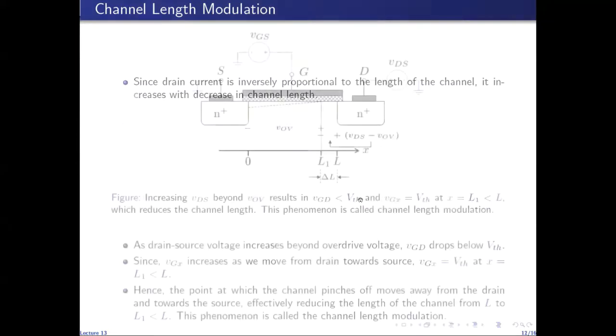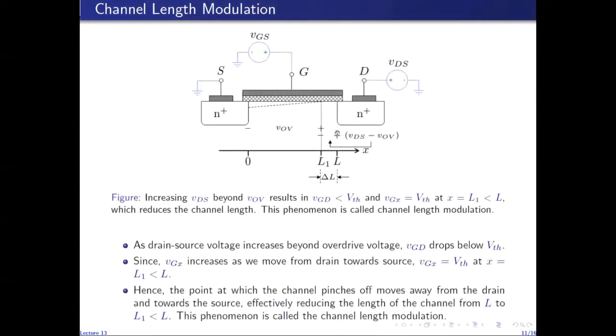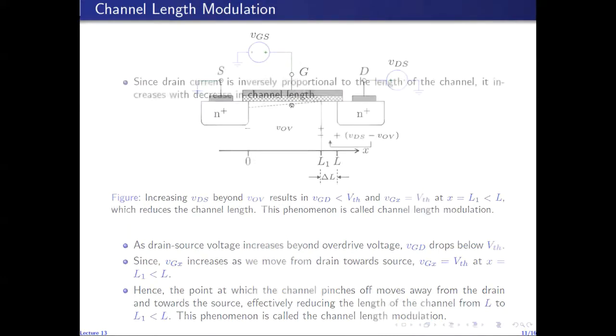This means that since VDS minus VOV is 0, the channel pinch-off point is the same as the drain side of the channel. So this point is at the drain, which means that we are at the onset of the saturation mode of operation. And as VDS goes beyond VOV, VDS minus VOV becomes greater than 0, and the point at which the channel gets pinched off moves towards the source.